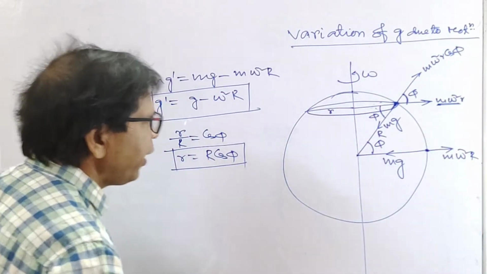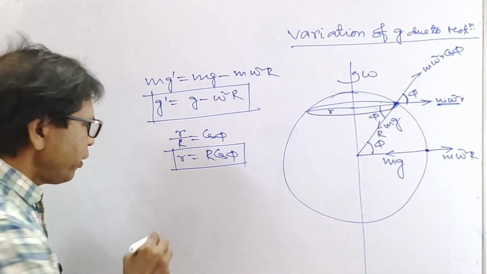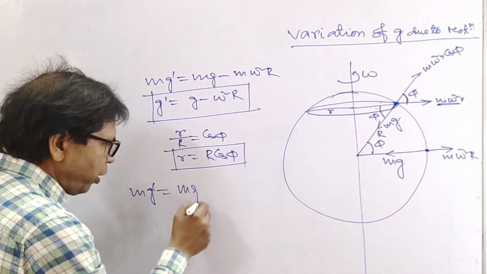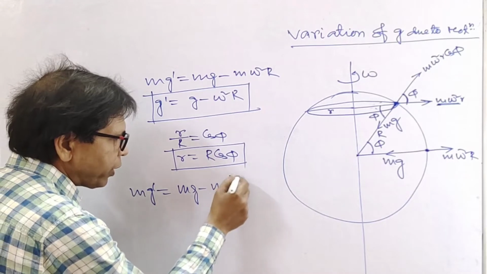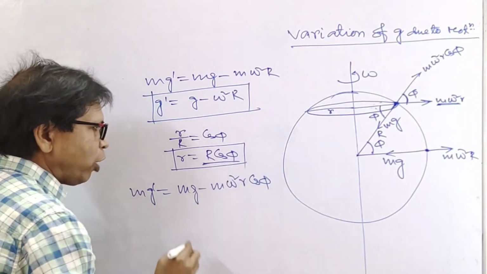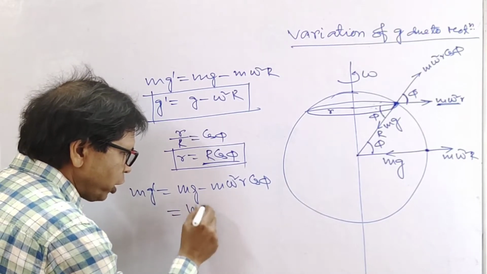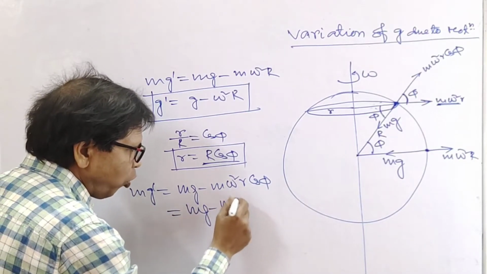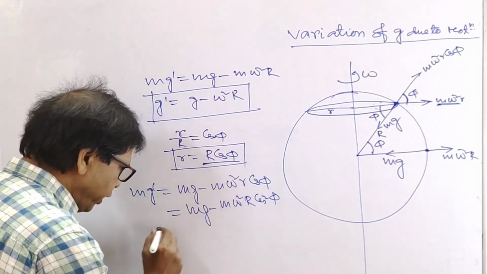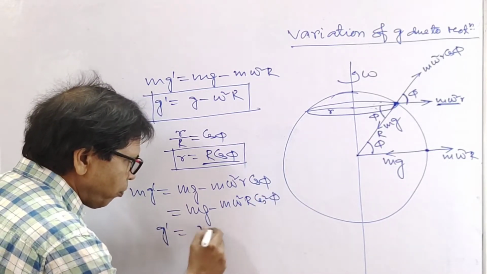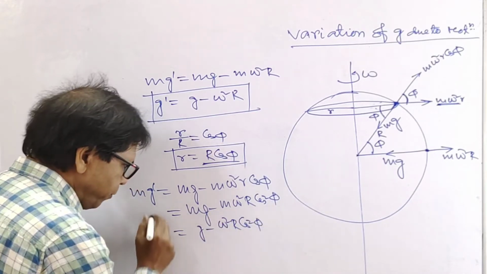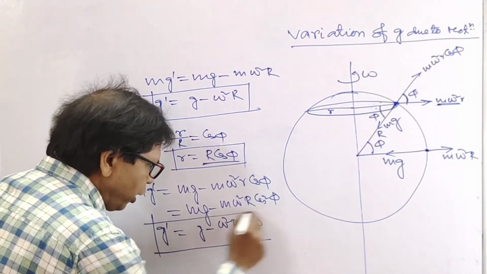So at any point the weight of a body m g dash is mg minus m omega square r cos phi. Now r cos phi equals capital R cos phi. So this is mg minus m omega square R cos square phi. So g dash is equal to g minus omega square R cos square phi, which is the expression of g due to rotation of earth.